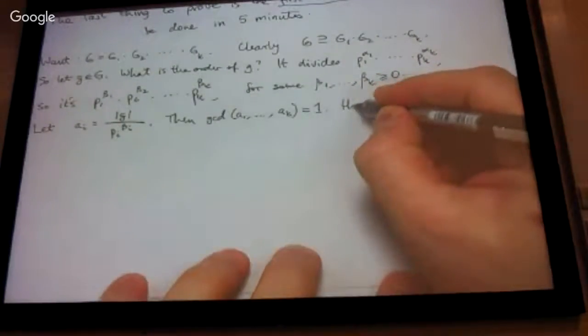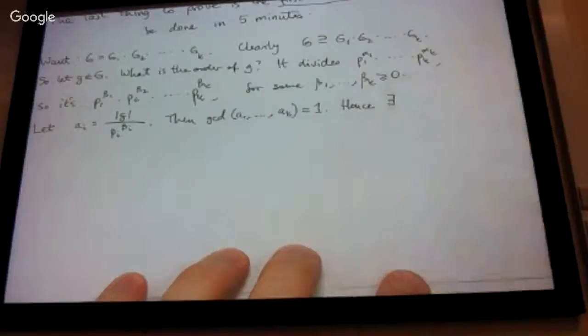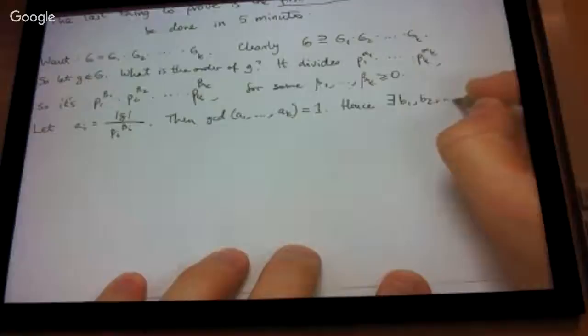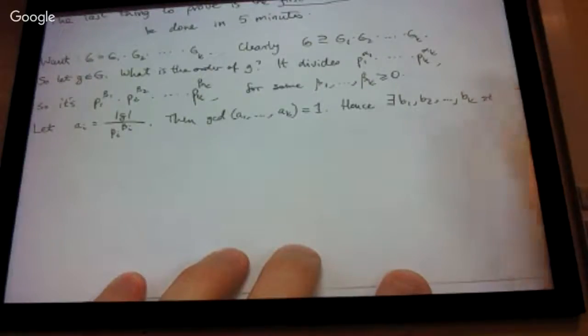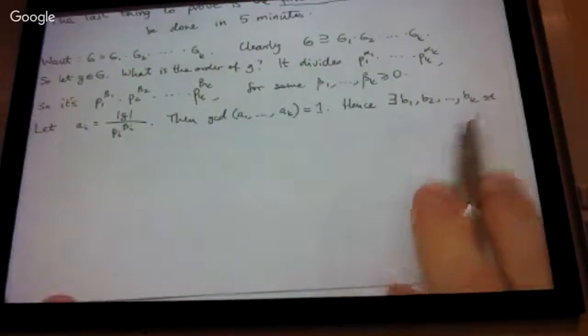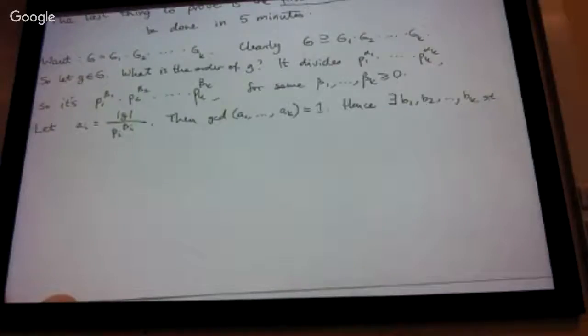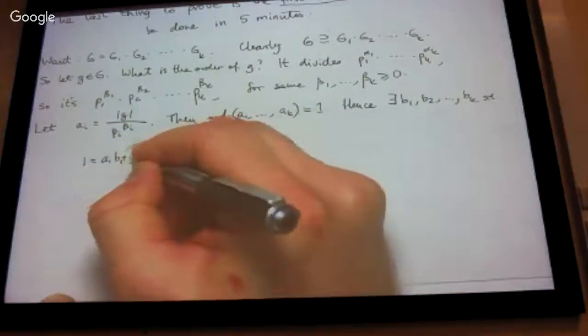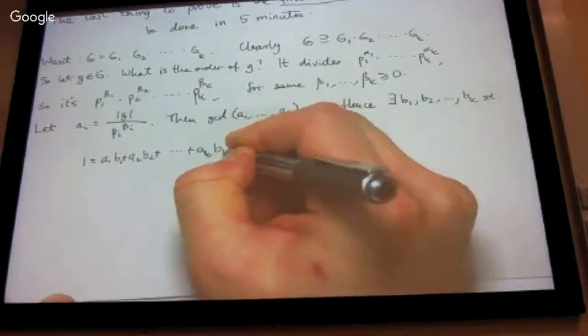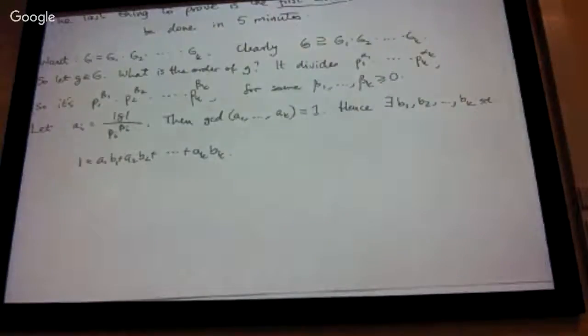And the GCD can be written as a combination of the Ai with some whole numbers. I think we did the same trick last week as well. So 1, the GCD, is equal to A1B1 plus A2B2 plus up to AkBk, because every GCD you can write this way.